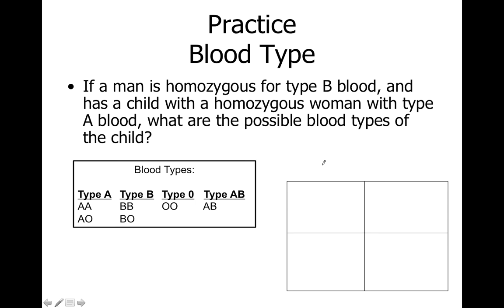What you do is you would cross homozygous type B, capital B, capital B. The next thing you do is homozygous type A blood, which would be a capital A, because homo is for same. And we've got AB, AB, and all of the children would exhibit that co-dominant AB blood type.